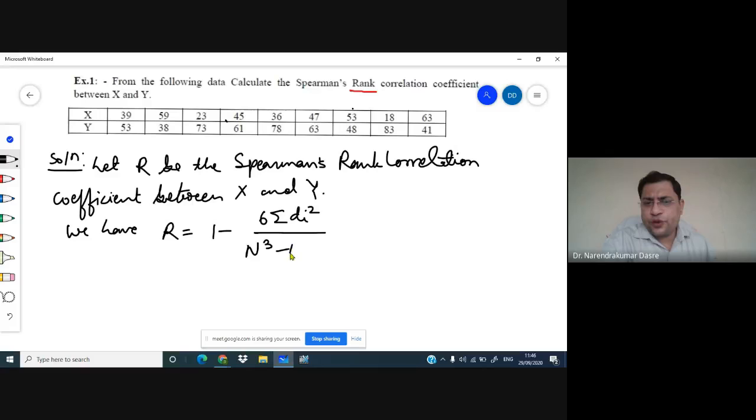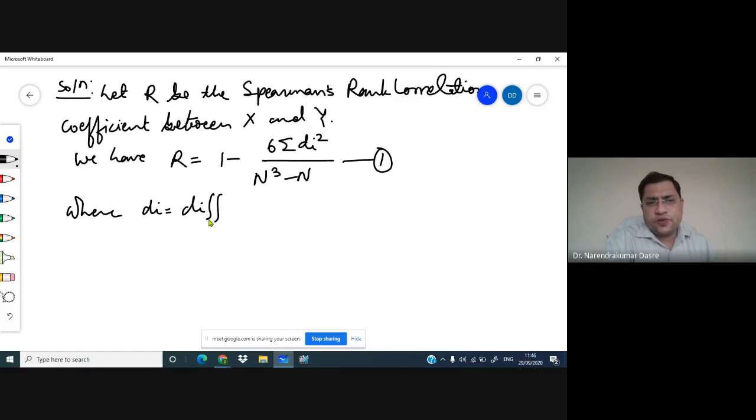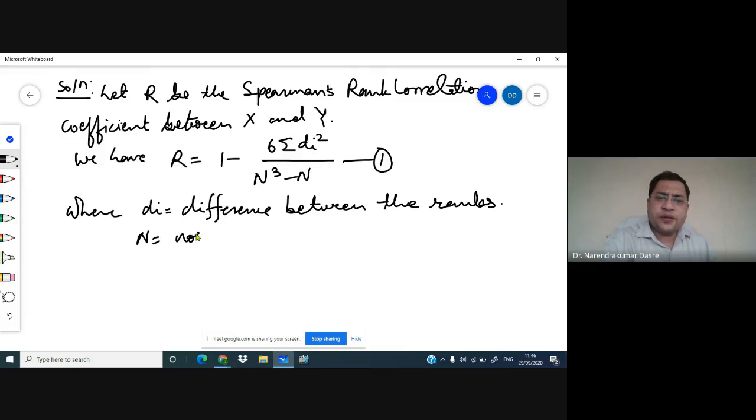Let this be equation 1. Then what is di? Where di is the difference between the ranks. And what is n? n is the number of observations.